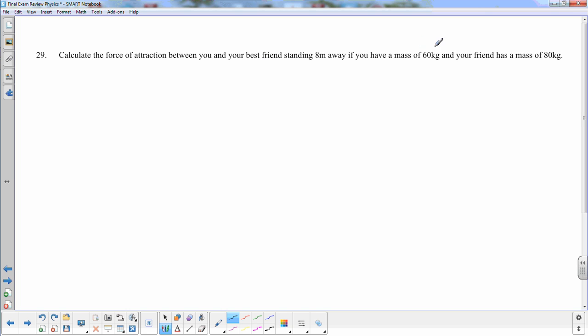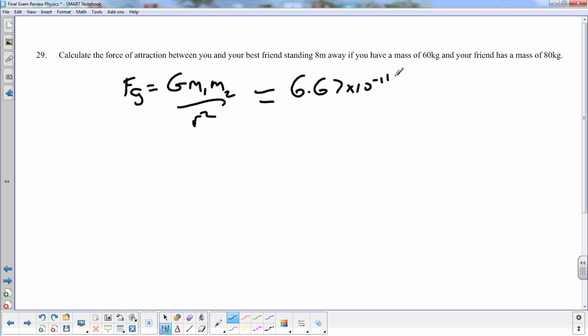So this should be a very small number. 6.67 times 10 to the negative 11 times you, 60, times your friend, 80, divided by 64, 4.7 times 10 to the negative 9 newtons.